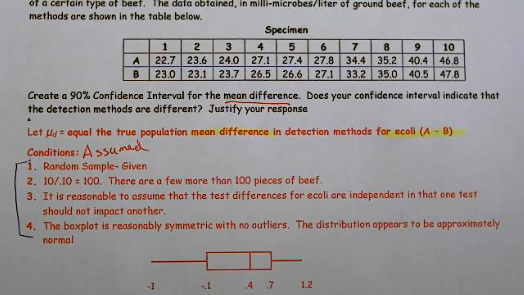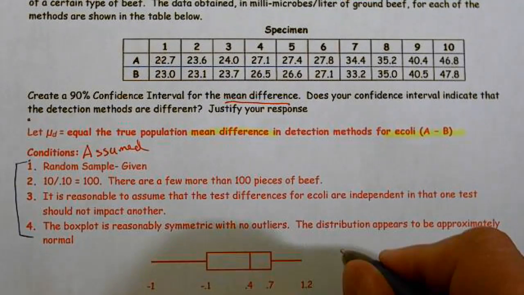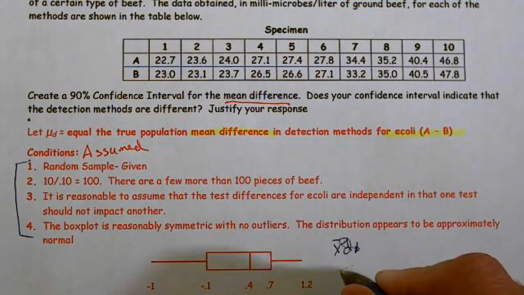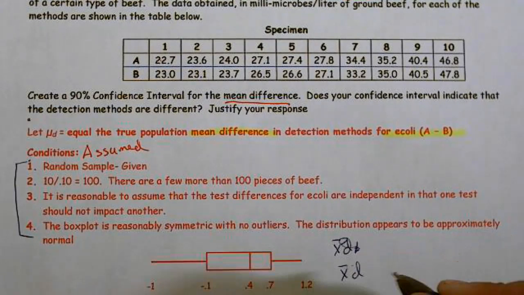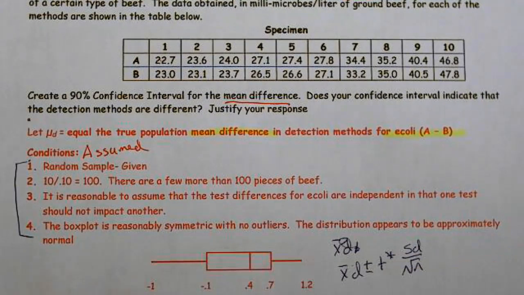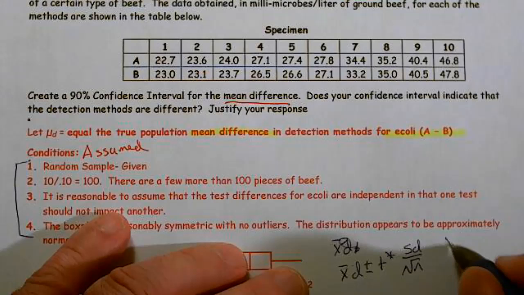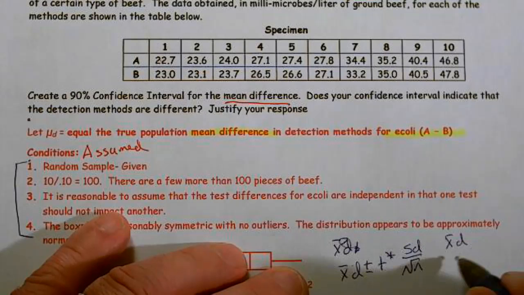Okay, so the next thing is I need my equation. My equation for this is simply X bar D plus or minus T star SD divided by the square root of n. First off, X bar D, we don't know that.